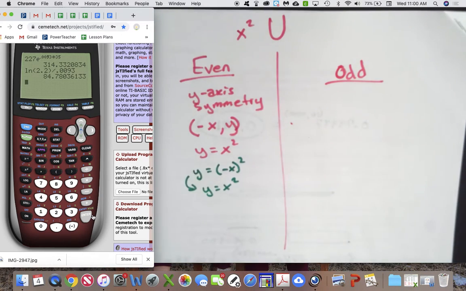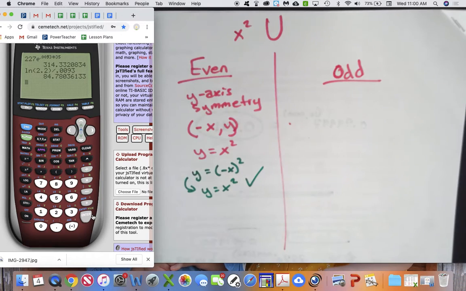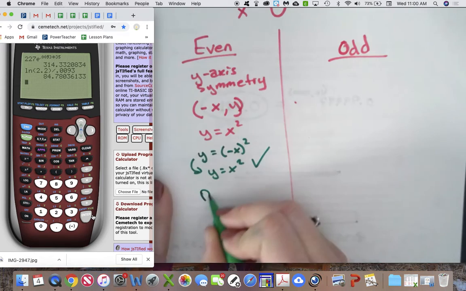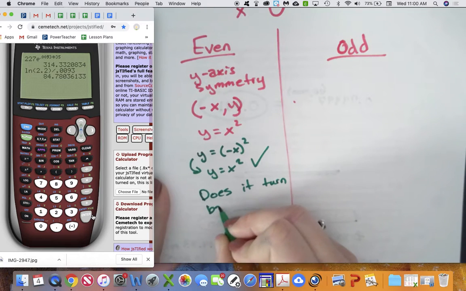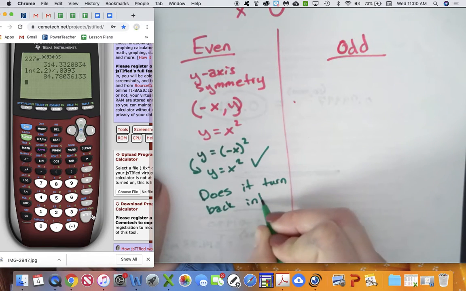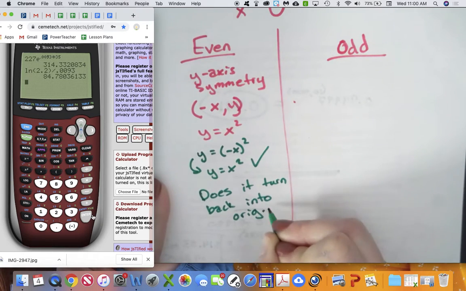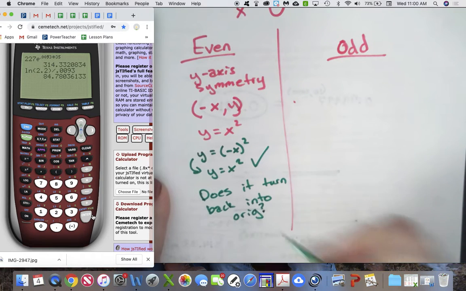So it has y-axis symmetry. We have checked it. It turns into the original. If it does, it has y-axis symmetry, or it is an even function.